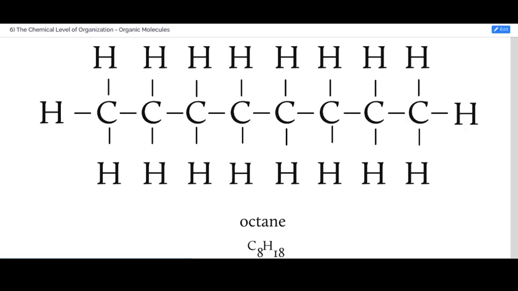Remember, the outer shell of any atom, the valence shell that needs to be filled, needs to have 8 electrons, except for the case of hydrogen. So 4 lines extending out from a carbon represents that it has 8 electrons in its outer shell. Remember that carbon, from the HONC, H-O-N-C, mnemonic that I showed you earlier, can make 4 bonds.